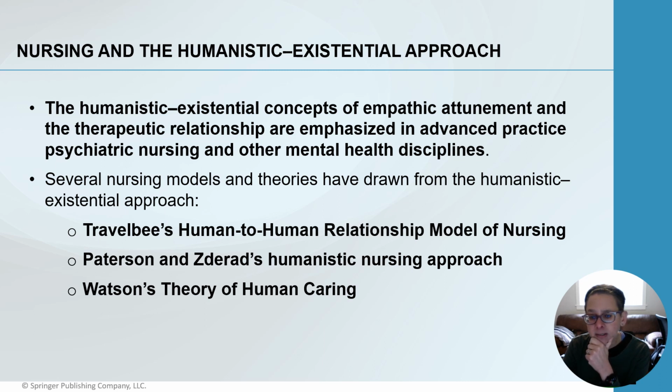And then in our undergraduate programs and our FMP, you were probably taught Abraham Maslow's theory of human needs, and Carl Rogers' facilitative communication techniques. So those are different humanistic and existential approaches.